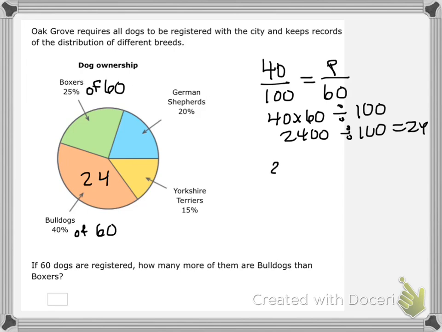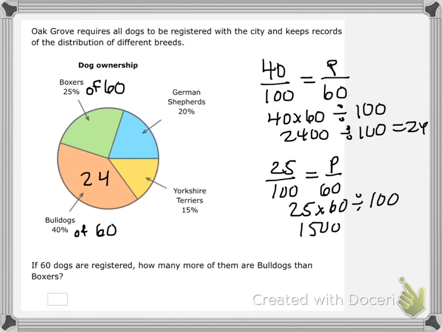Let's do the same for the 25%. So we have 25 over 100, which equals the part over 60. We're going to cross multiply again, 25 times 60, and then divide by 100. That's 1,500 divided by 100. So we end up with 15. So 15 of them are boxers.